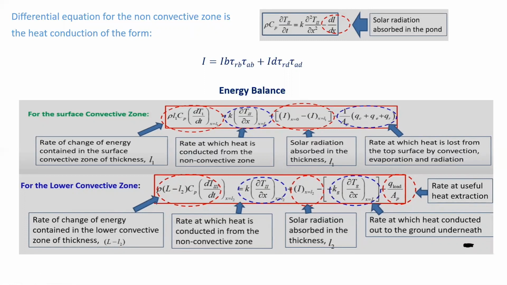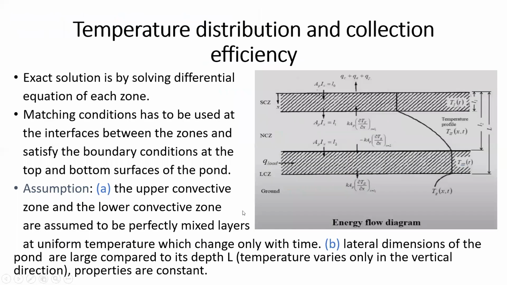For the lower convective zone, there is the rate of change of energy contained in the lower convective zone. Capital L is the total depth of the solar pond, and L2 is the depth from the top to the lower convective zone, so the thickness of the lower convective zone is L minus L2.